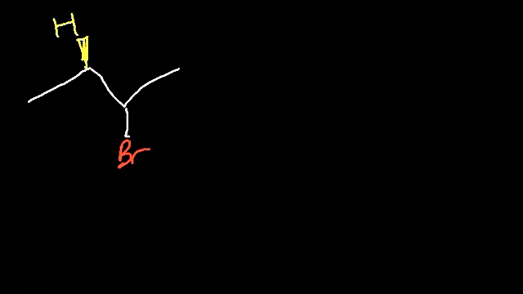Now let's understand why. Let's go back to this example. So here we have a yellow hydrogen. Let's say the yellow one is in the front. Let's say bromine is also in the front. And let's say the green hydrogen is in the back. In an E1 reaction, the first step is ionization, the formation of a carbocation.